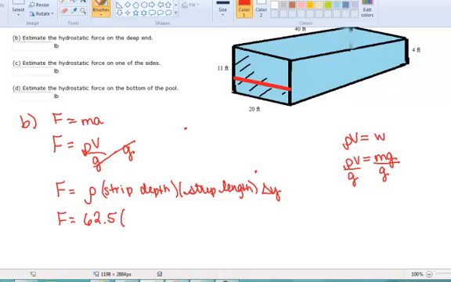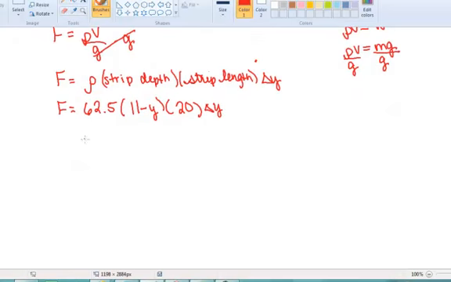The depth would just be the surface minus y, and this is 11 feet, so it'd just be 11 minus y. The length is 20, delta y, and now I'll put it all in an integral. So that's the force on this strip.